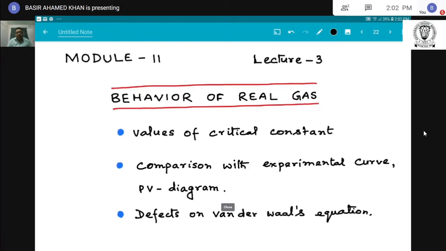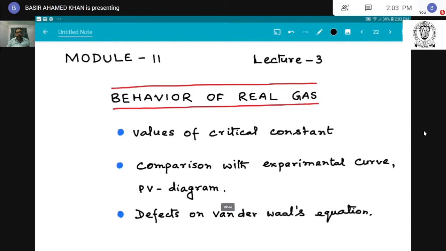In my previous lectures, lecture 1 and lecture 2, I discussed the deviation from the ideal gas equation, Andrews' experiment on carbon dioxide gas, continuity of liquid and gases, what is vapor and what is gas, boil temperature, and the Van der Waals equation of state for real gas.